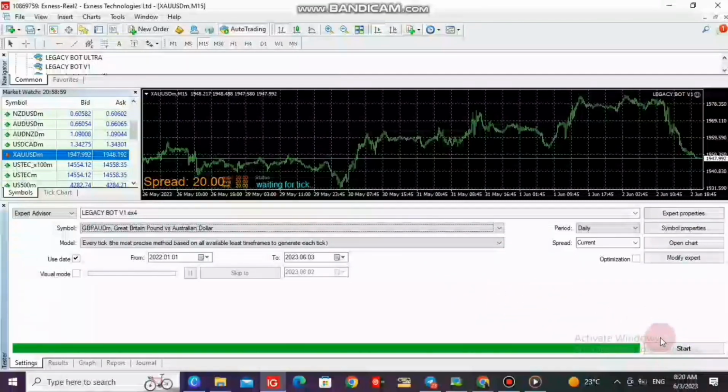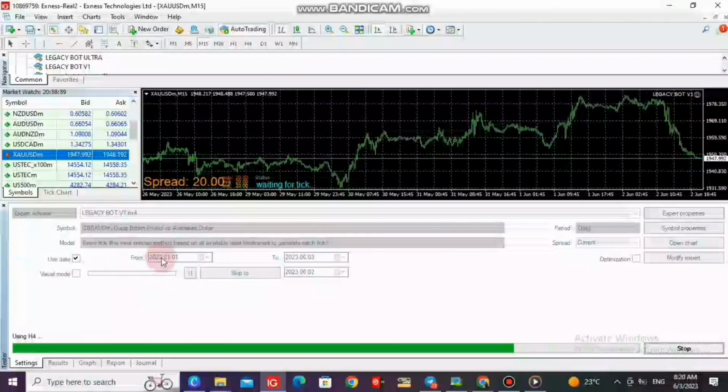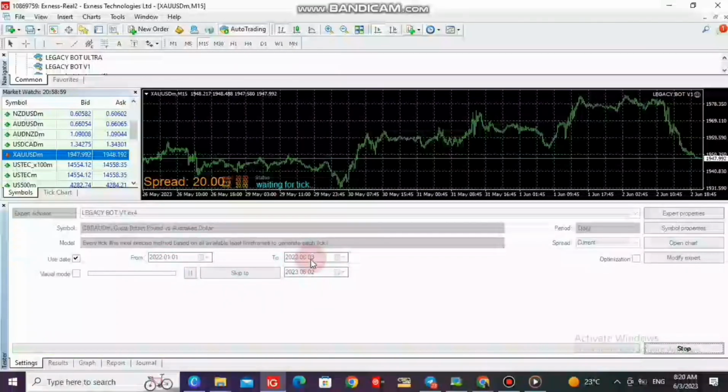We are going to use that for now. That is the British pound against the Australian dollar. So let's try that out and see the results it gives us. And we are using the daily time frame. The test period is from the 1st of January 2022 until the 3rd of June 2023.